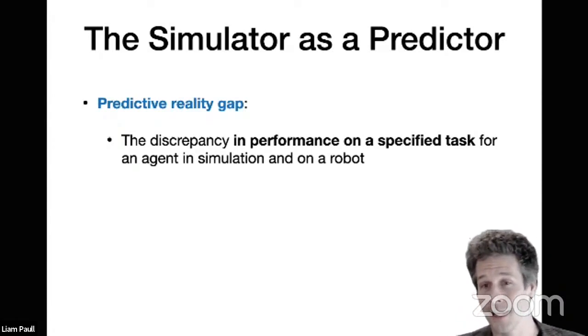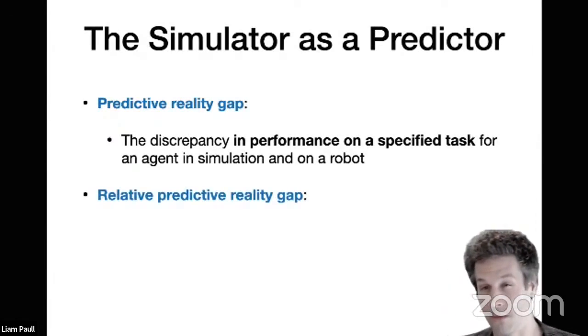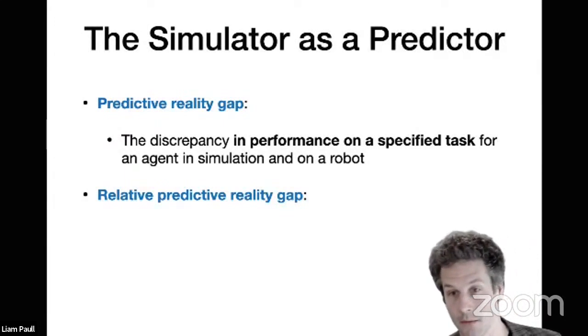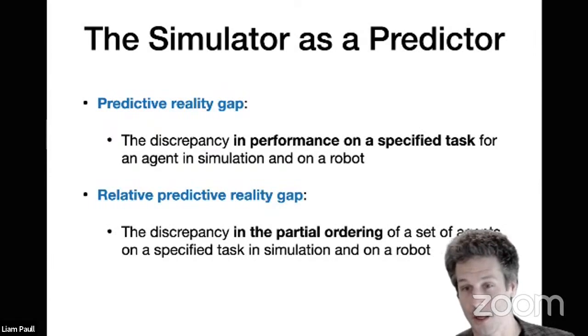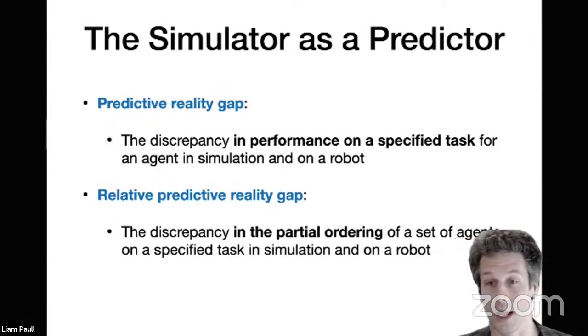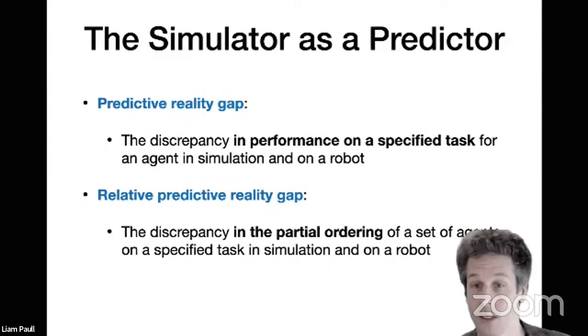Moreover, I would argue that in some cases we might not even care about the global value of the performance on these metrics; we might only care about the relative value. So an easier, or maybe more meaningful, value to calculate is the discrepancy in the partial ordering of a set of agents on a specified task.